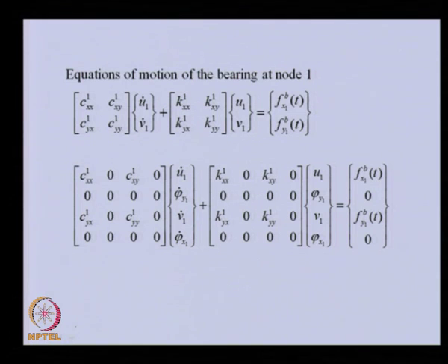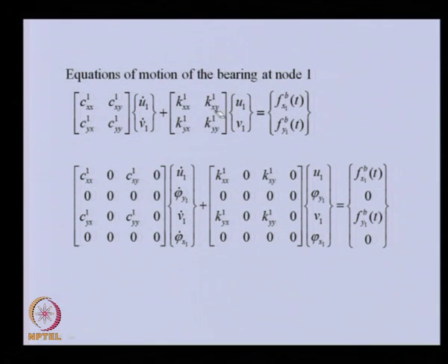So, now let us take the bearing model. Earlier we know that the bearing fluid film forces in horizontal and vertical direction for one of the bearings we can express like this, where these are the properties of the stiffness and damping of the bearing.